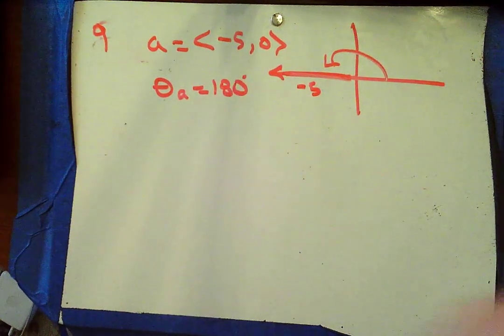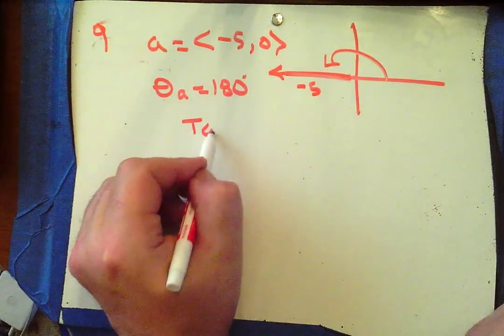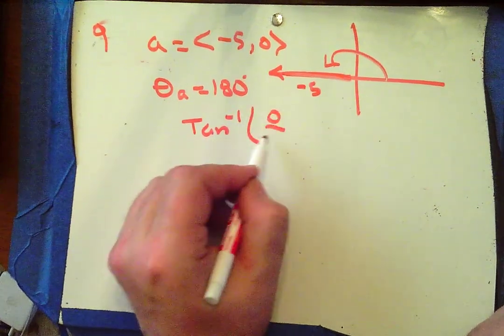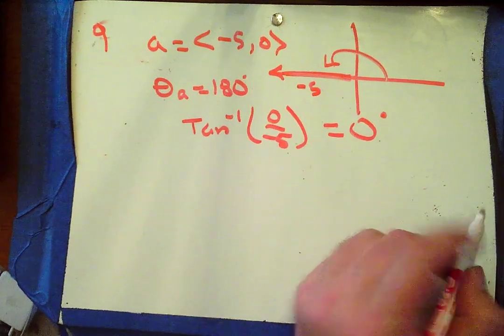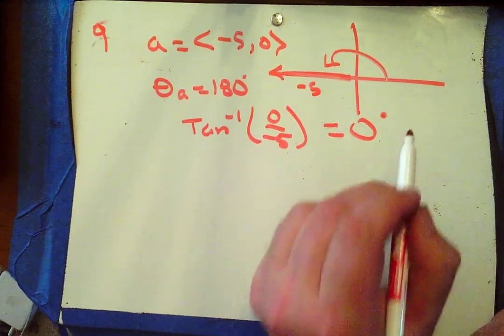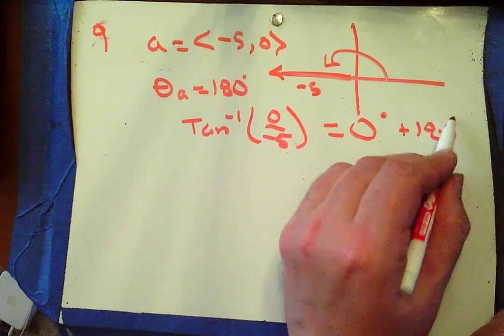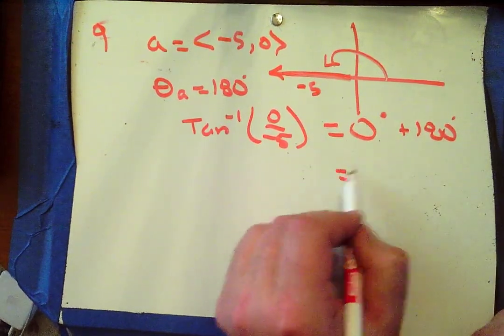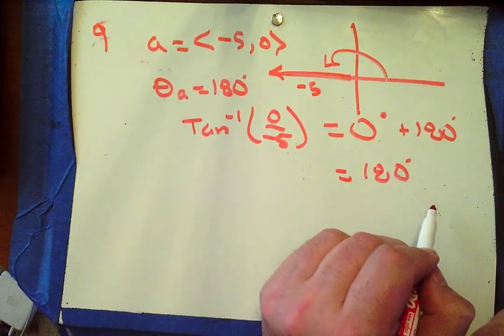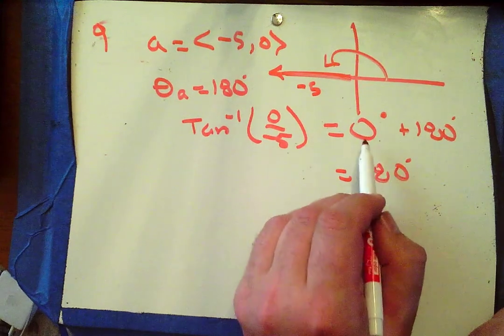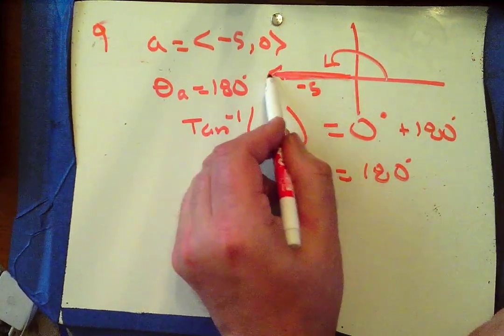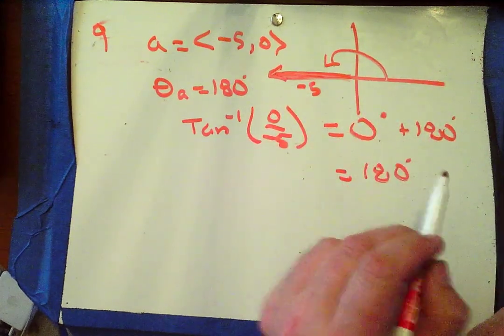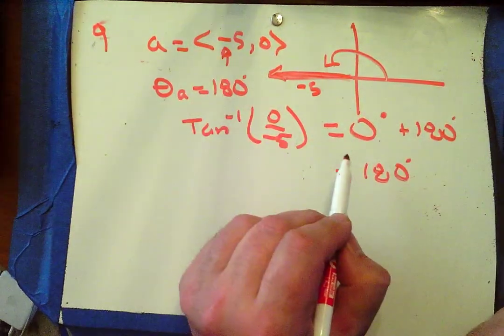But we could always do this by doing tangent inverse 0 over negative 5, but that gives us 0 degrees. Yeah, we're not going 0 degrees. Remember, add 180, and then you'll get the correct angle. When this is negative or 0, well, in this case, when it's 0, I definitely want that angle, not that angle, because of this negative 5.